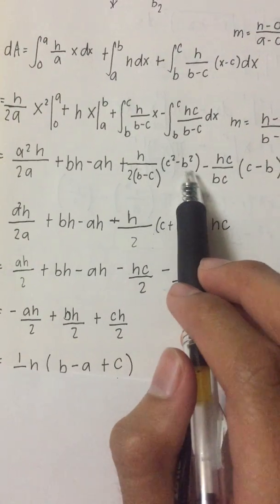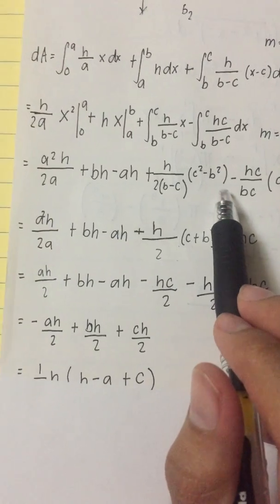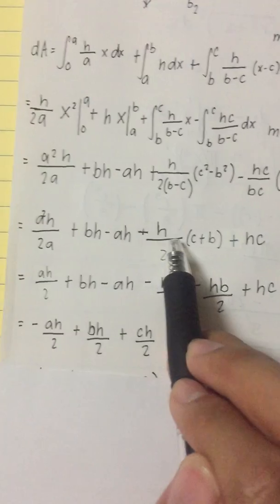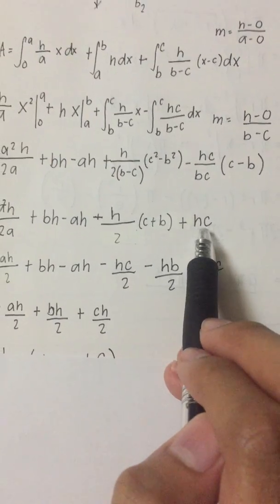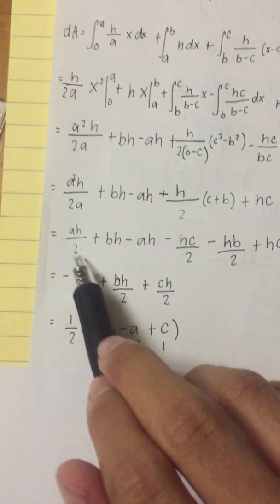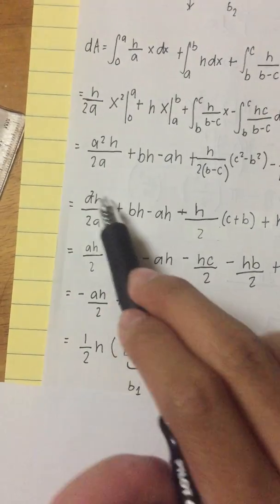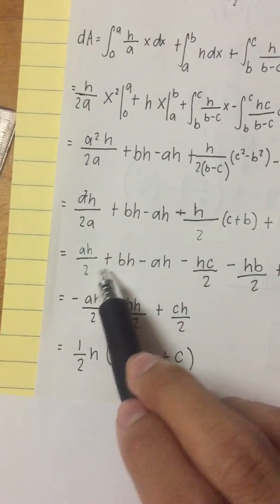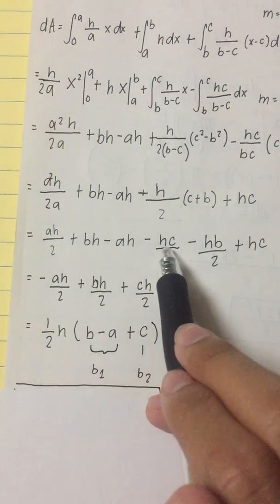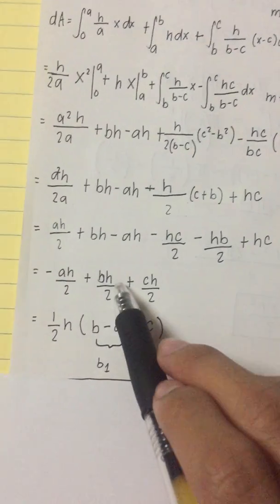So c squared minus b squared is just equal to c plus b times c minus b. So we cancel this out, and this will become negative. So c plus b plus hc cancel out, and this negative will become positive. So a squared over a will cancel, leaving a in the bottom. So ah over 2 plus bh minus ah minus hc over 2 minus hb over 2 plus hc.